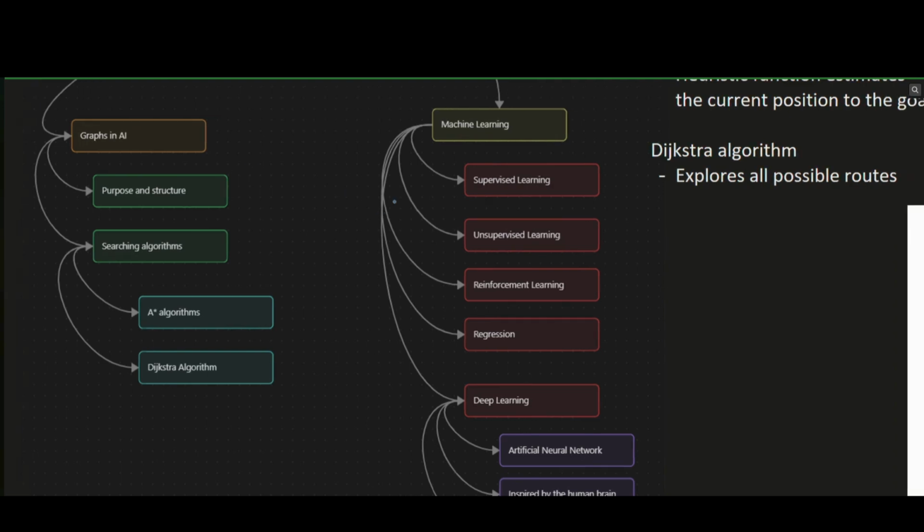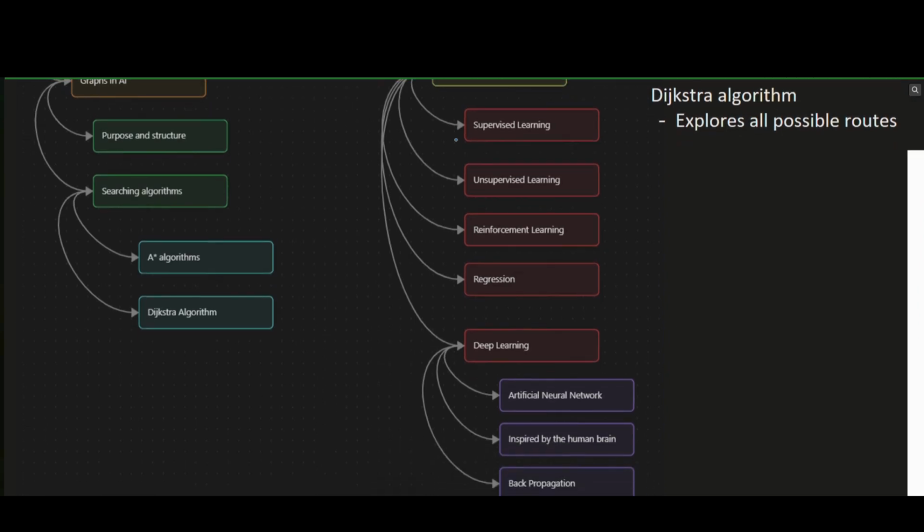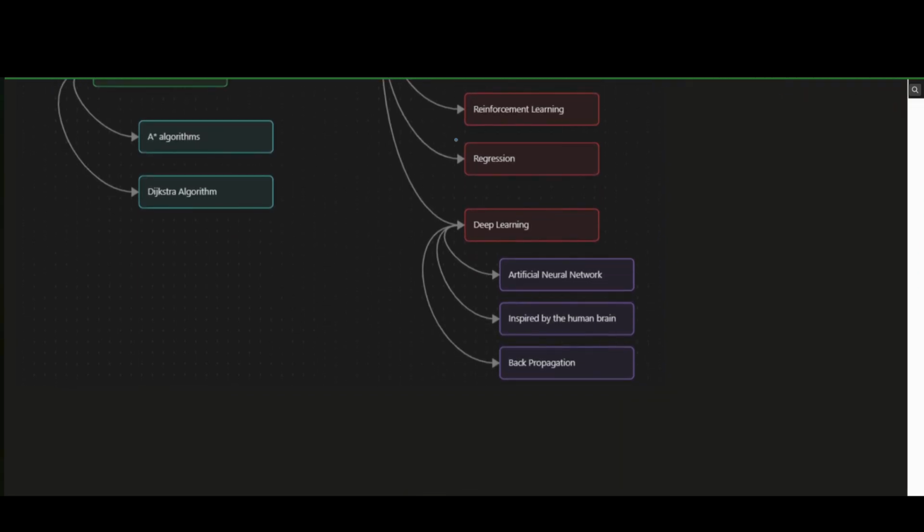Then we have machine learning, supervised learning, unsupervised learning, reinforcement learning, regression. Then deep learning, and under deep learning we have ANN. Now this ANN is actually inspired by the brain, and we also have back propagation under deep learning. So these are the terms.